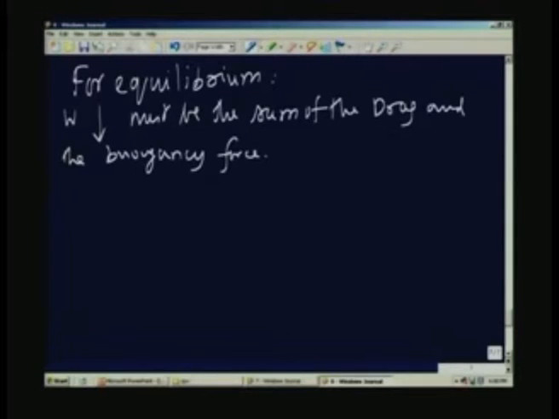Therefore we can just do that. So rho B VB into G, this is the weight of the bob, must be balanced by the buoyancy force rho F VB multiplied by G plus the drag force, which is now given equal to CD. I think I left out this AB, I will just go back to that and explain to you.